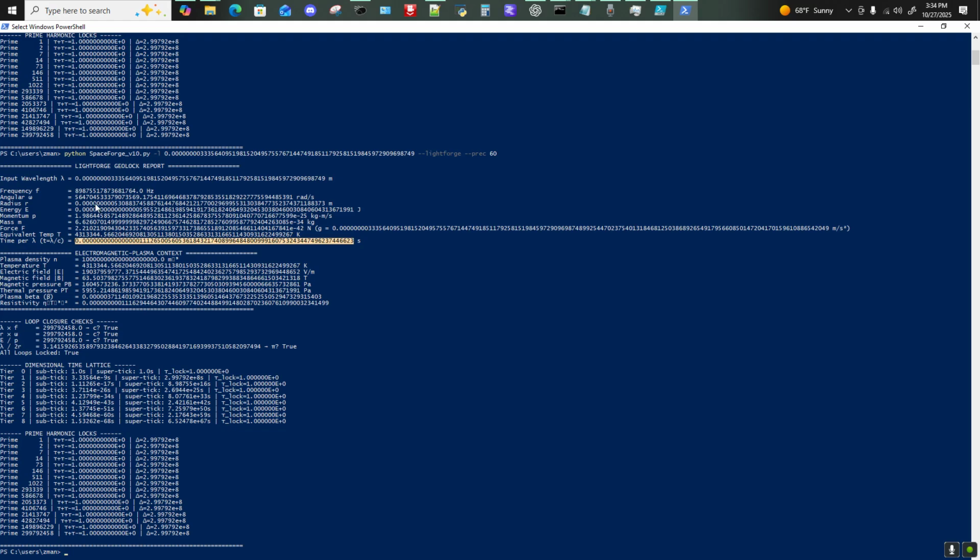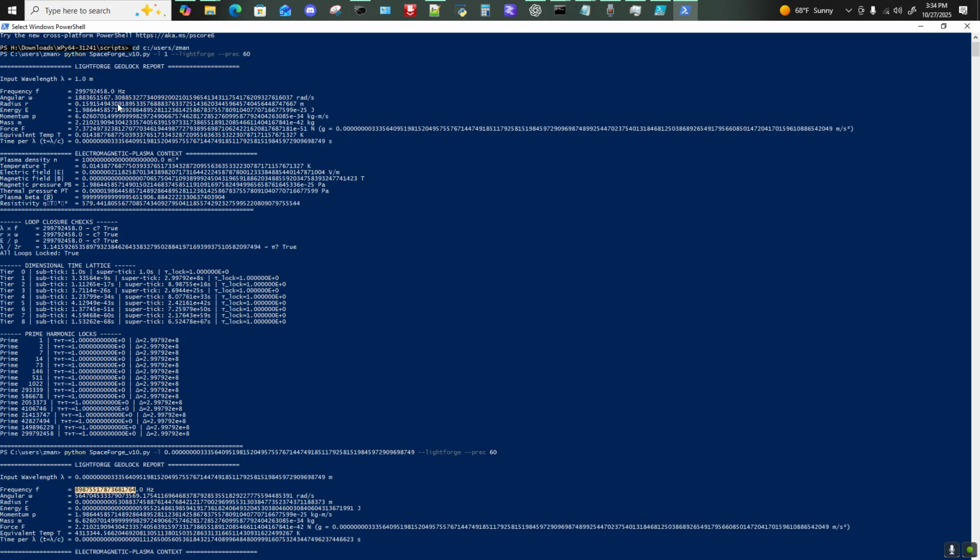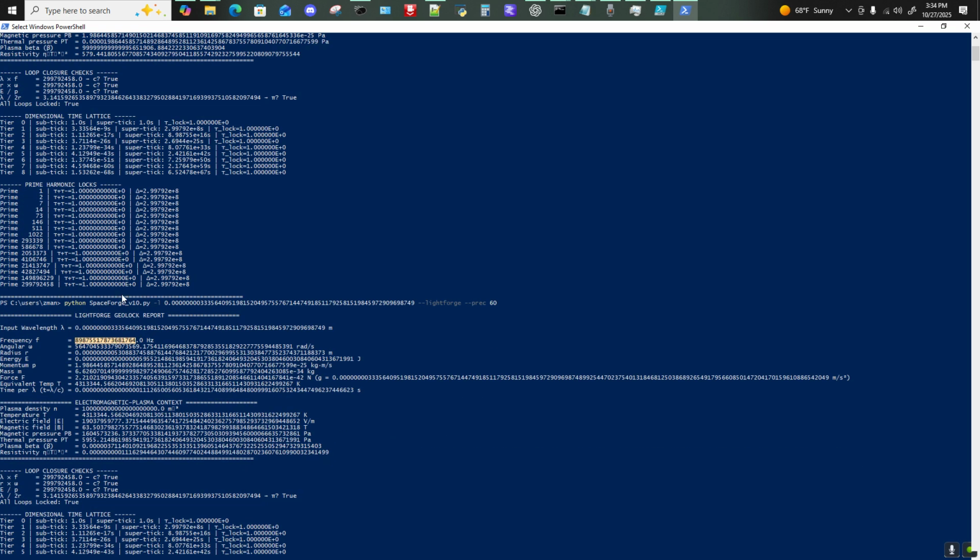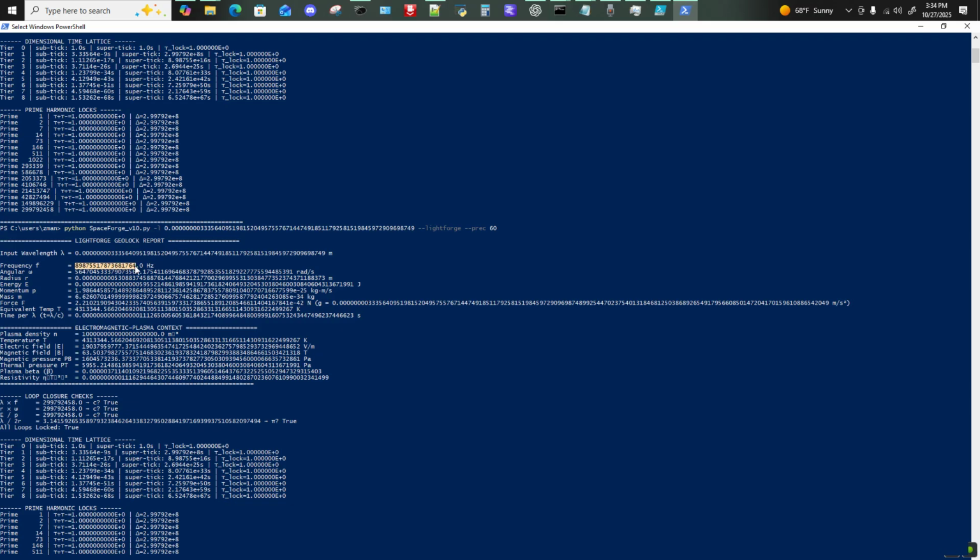Now what happens when everything gets scaled by c squared? Well, look what happens to the frequency. The frequency went from the speed of light to the speed of light squared. And when you multiply the rest of the units by the speed of light, look what happens.